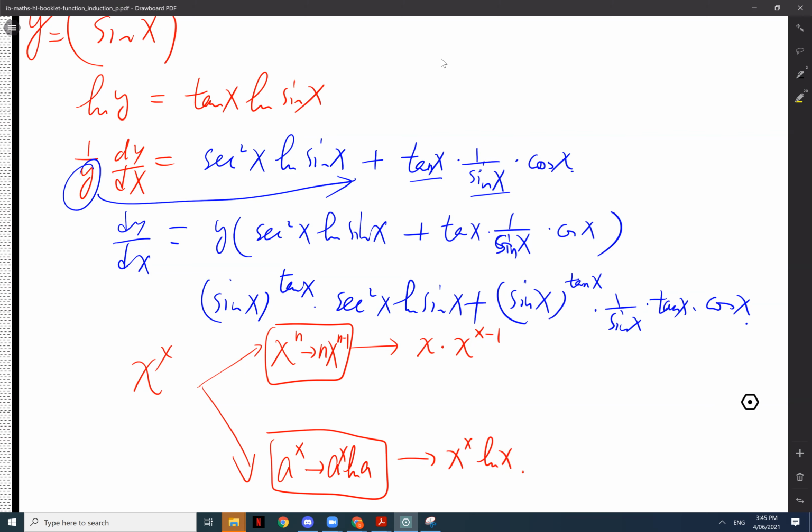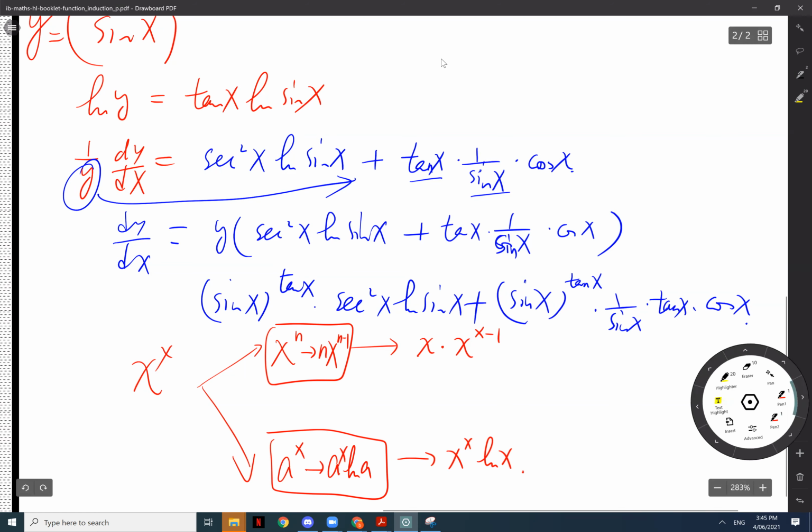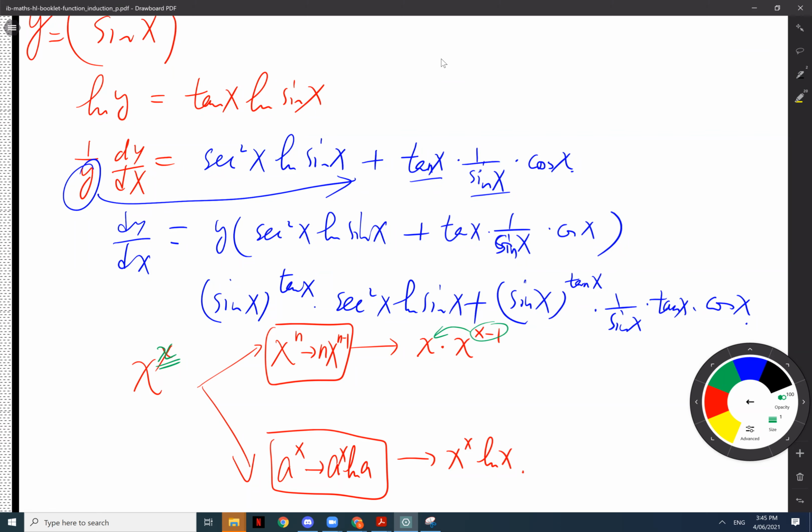If you consider the power is constant, you move the power to the front and then power minus 1. If the base is constant, we copy the function and times by ln of the base.